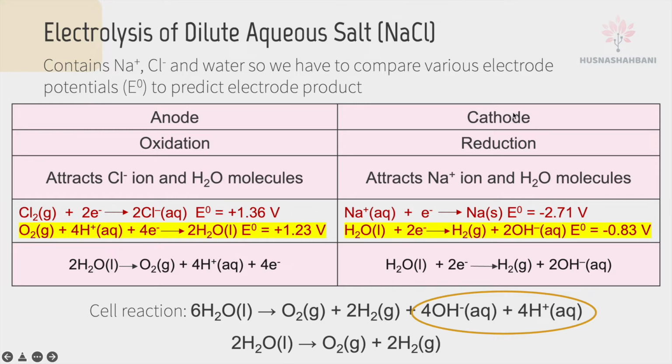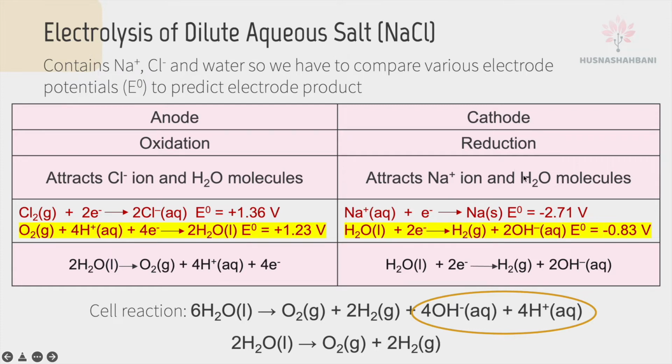At the cathode, reduction will happen, which means it will gain electrons. That means it attracts Na+. Na+ will be attracted to the cathode, and to neutralize the plus and become Na, it will gain an electron.